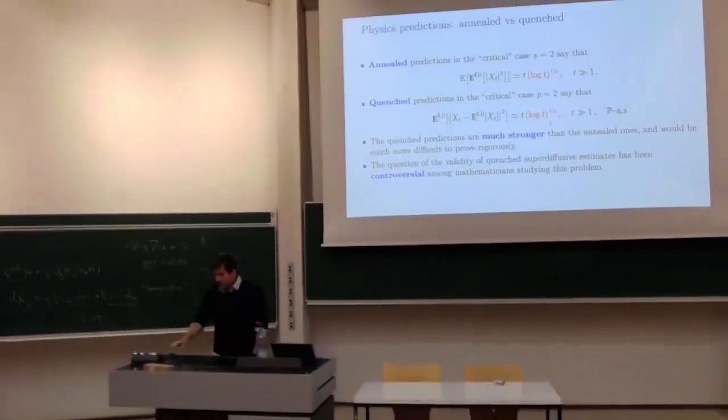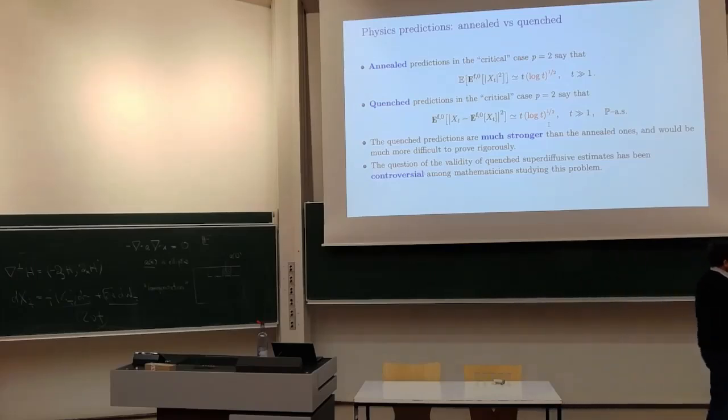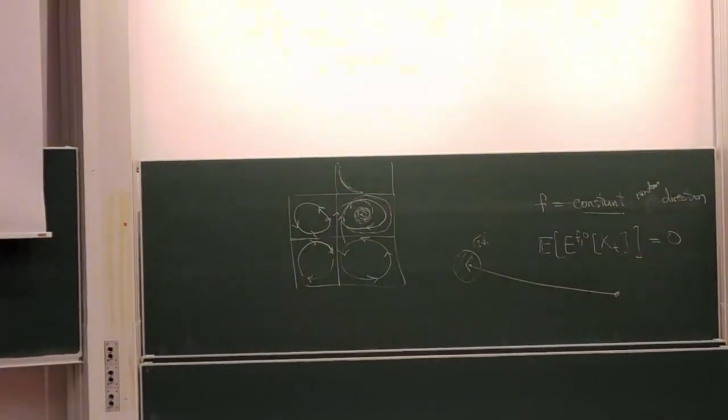But this caused a lot of confusion. The mathematicians that were studying this didn't just think that this picture was silly. They actually thought that this picture was what was happening in the problem that we're studying when p is equal to 2. They thought that what happens is the particle is going to follow long streamlines in this random sort of field.